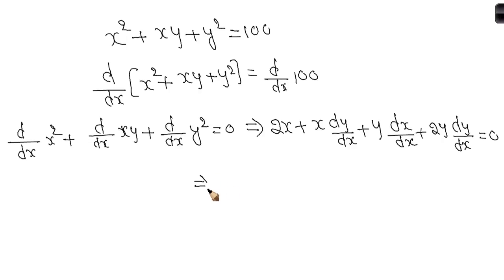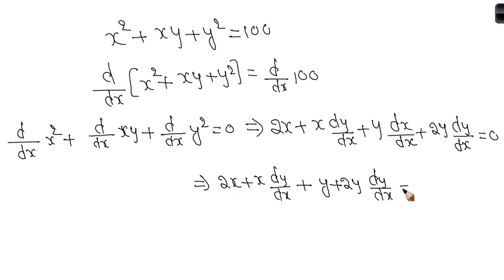It implies 2x plus x into dy by dx plus y into derivative of x with respect to x, which is 1, plus 2y into dy by dx is equal to 0.